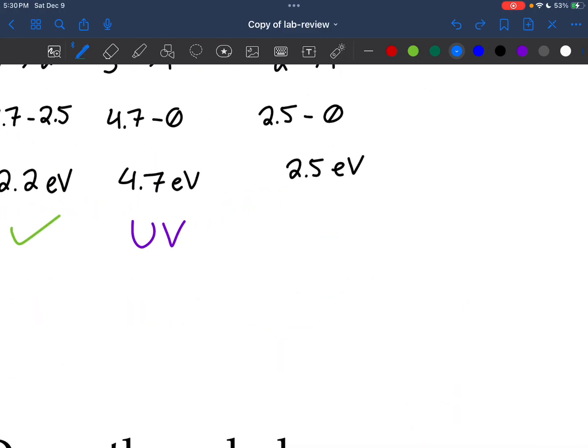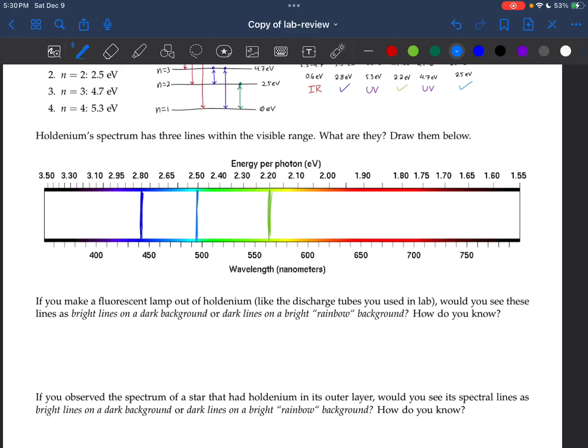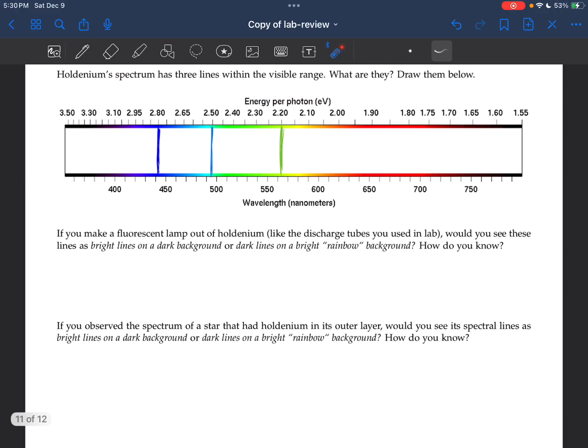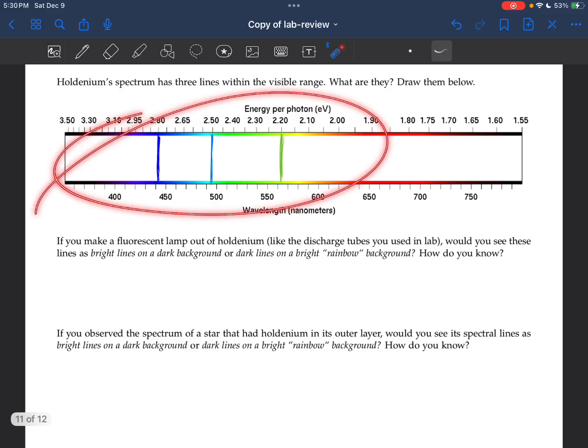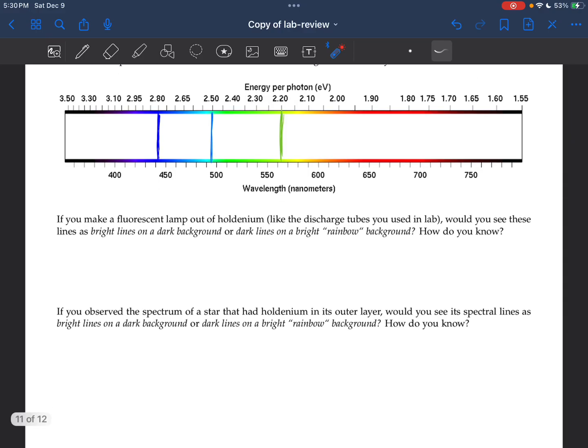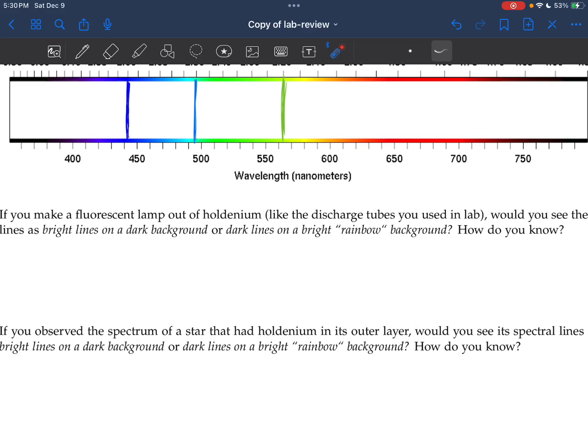So I can check mark that. All right, so I found my 3 visible lines. If I were to use this element with this emission spectrum and I was going to make a fluorescent lamp out of it. All right, so that was the kind in Holden in the observatory.